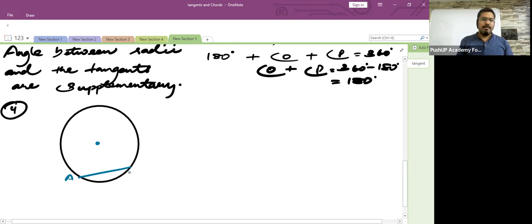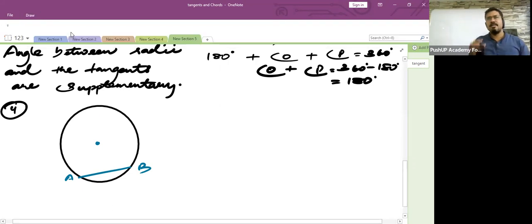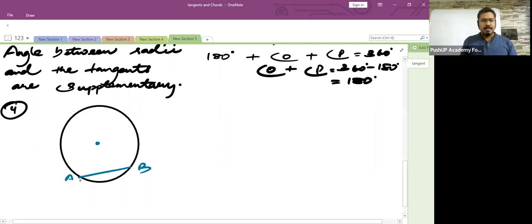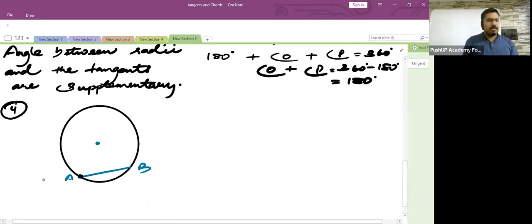Imagine you have a chord AB. This chord AB has how many endpoints? Two endpoints. One endpoint is A and the other endpoint is B. Imagine, children, I took one of the points, which is point A, and through that point A, I drew a tangent.